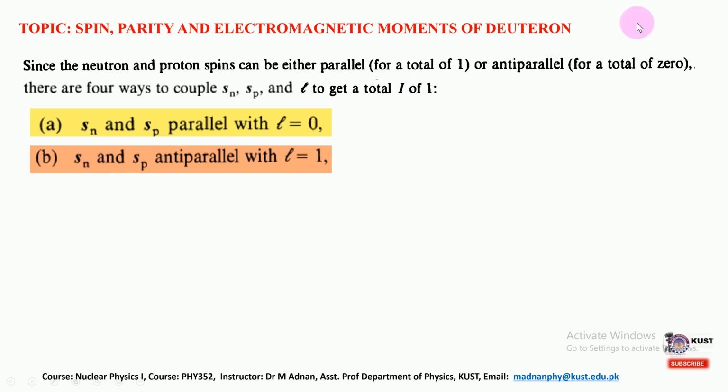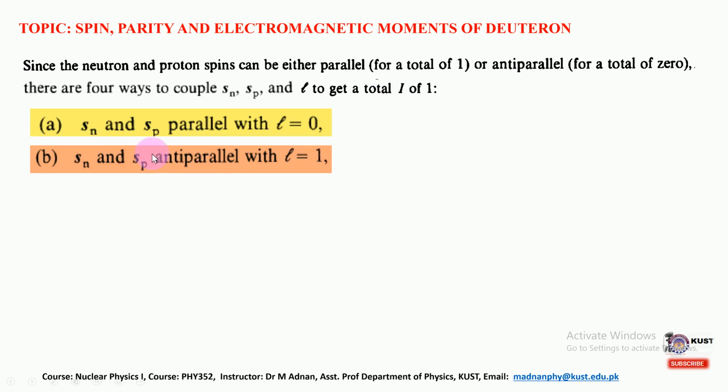The second one is the possibility when the two spins of the nucleons, the proton and the neutron, are anti-parallel such that the total intrinsic spin is 0 and L equal to 1. So if you remember on the last slide, the total angular momentum I is the sum of S_N and S_P and this L. So if they are anti-parallel, they will cancel out, and the total angular momentum will arise due to this L equal to 1, the orbital quantum number.